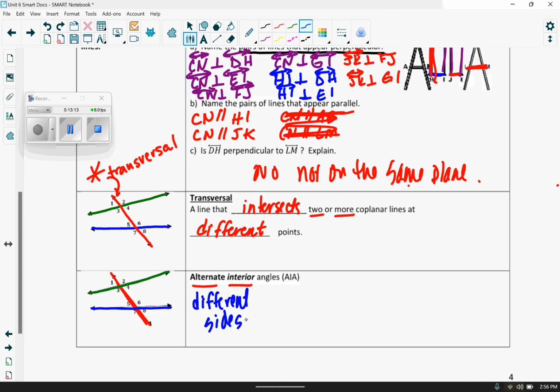Alternate sides, right? One on one side, one on the other side, or diagonal. And interior means between, in between the two lines. So I could say 3 and 6. And I could say 4 and 5.